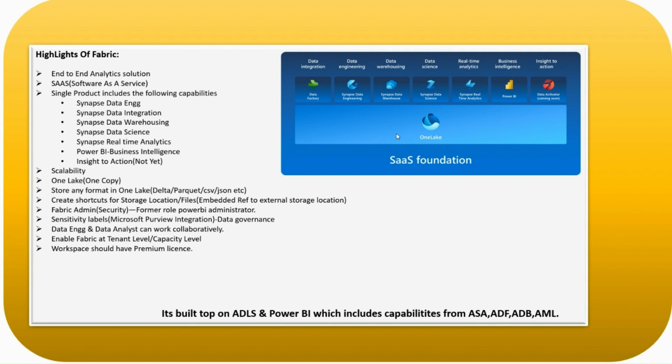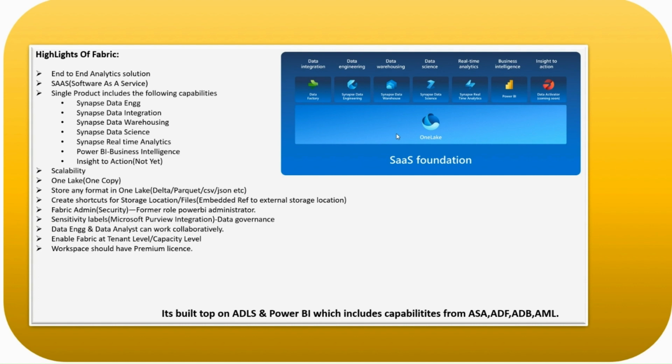So basically, what are data sensitivity labels? Suppose I have a credit card table where my credit card numbers and PIN numbers are stored. Everyone is not allowed to query that table, correct?